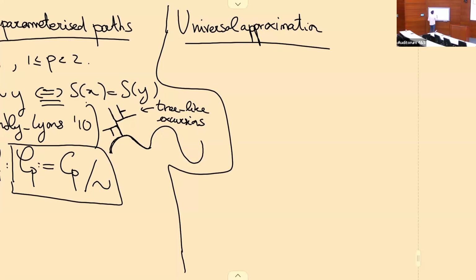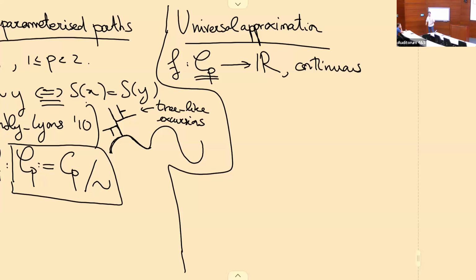So we have f to be a function from unparameterized paths to R, which is at least continuous. Okay, so here just continuous. We might open a very big parenthesis, because what does it mean to be continuous on equivalence classes?